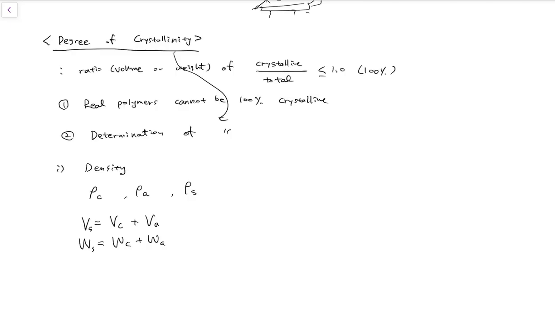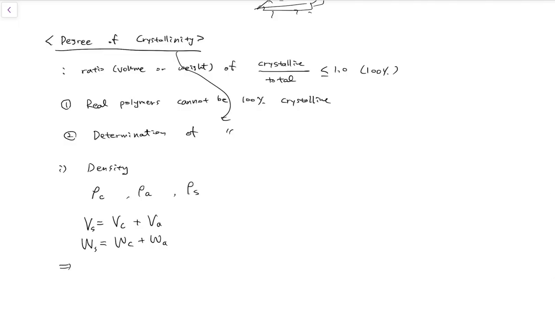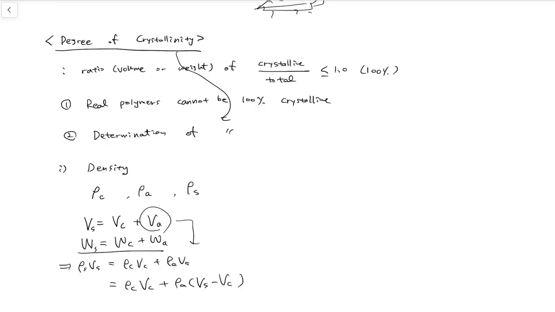Okay, and since weight is density times volume, right, this equation can be written as rho S Vs equals rho C Vc plus rho A Va, in this way, right? And since VA is in this equation, we can use the first equation. We can say rho C Vc plus rho A times (Vs minus Vc), right?